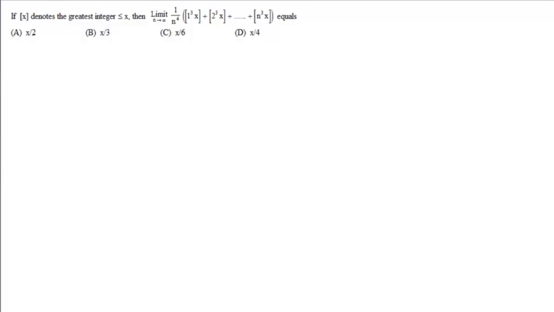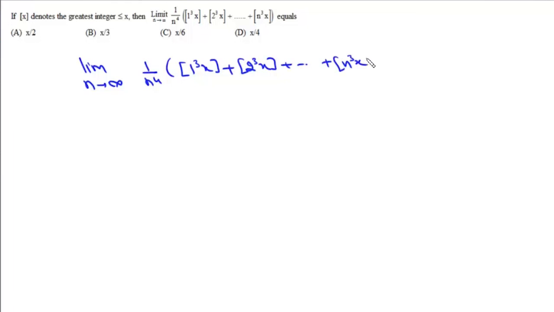Now here the question is, if this box represents the greatest integer function, then we need to find this limit: limit n tends to infinity of 1 upon n to the power 4, and then the greatest integer function of 1 cube x plus 2 cube x up to n cube x.